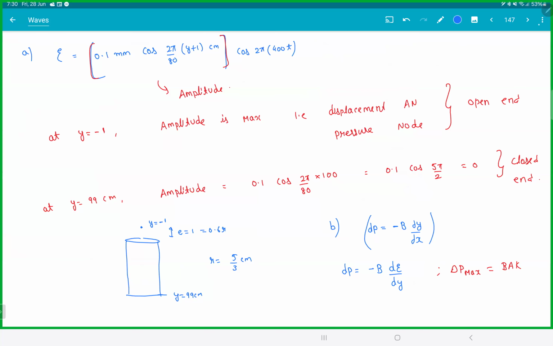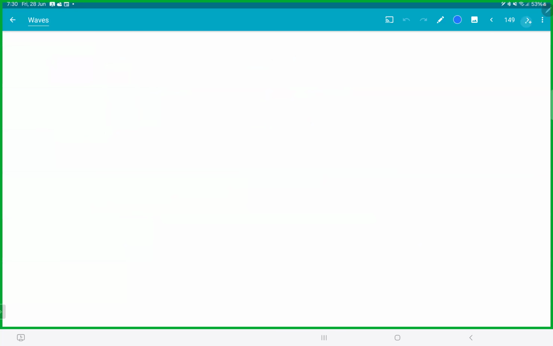The next thing is beats. So what are these beats? Now, till now, in stationary waves, you are taking two waves of the same amplitude, same frequency in opposite directions.